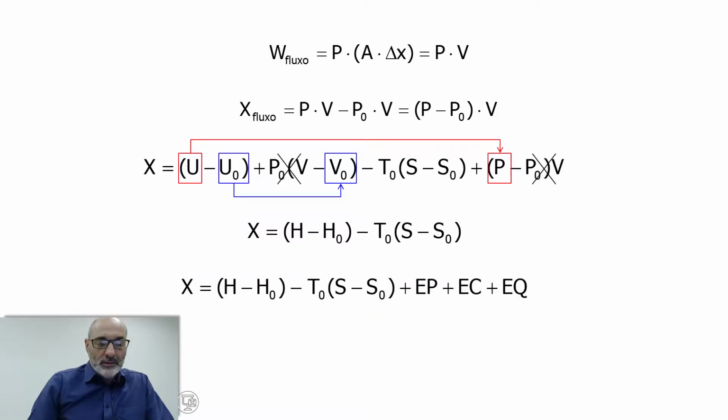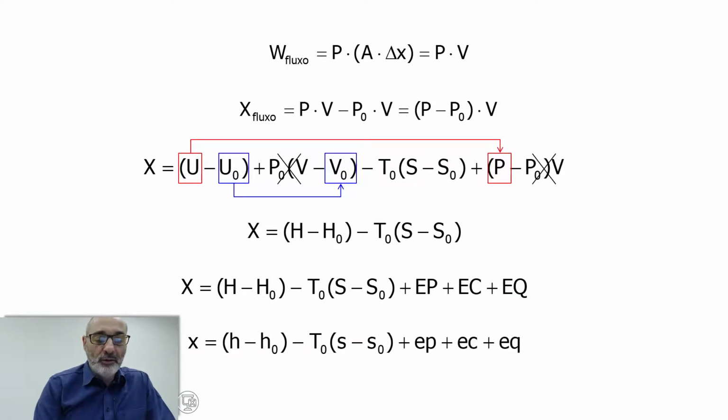Okay, so let's move on. And the same, if I have potential Exergy, kinetic Exergy, and chemical, I simply add these terms on the right hand side of the definition. I can have magnetic exergy, all other types of energies. And I can also work in terms of specific properties: capital X equals small x divided by mass.